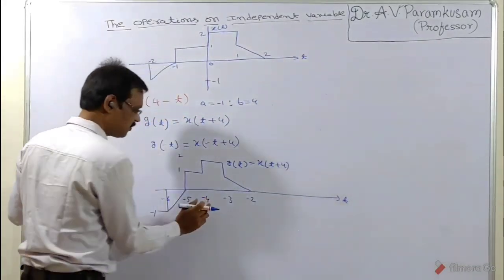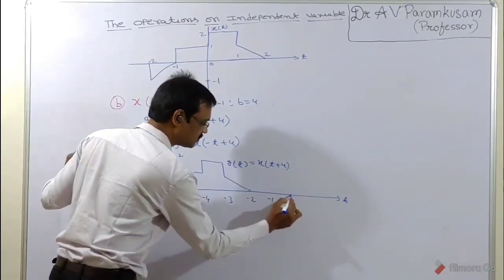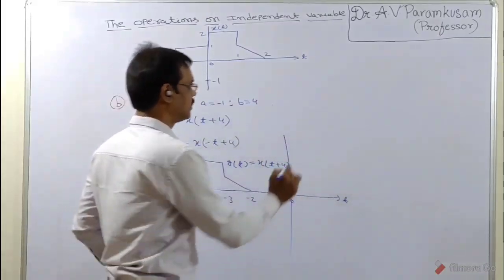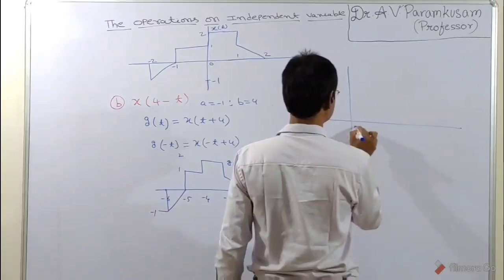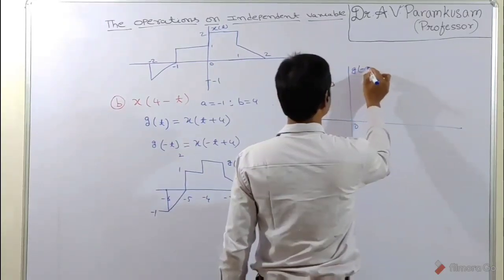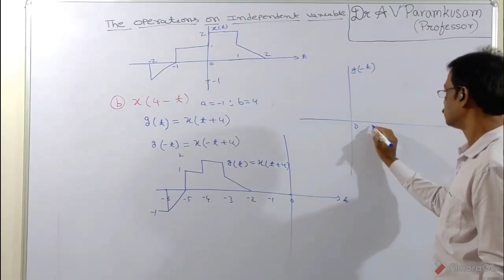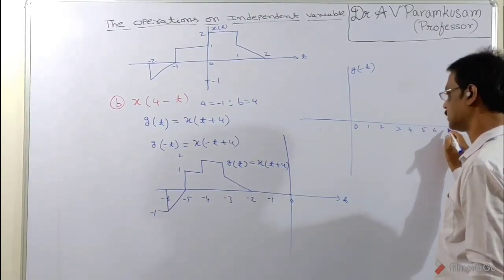Now you fold this signal about the y-axis. Then this is g of minus t.